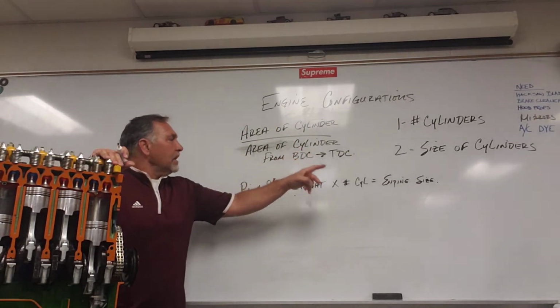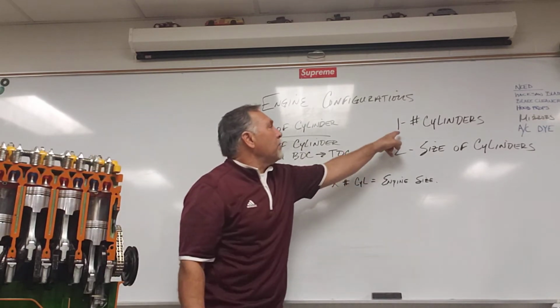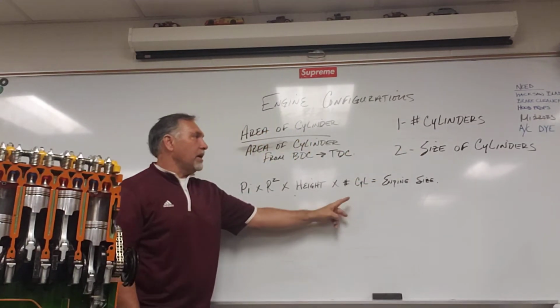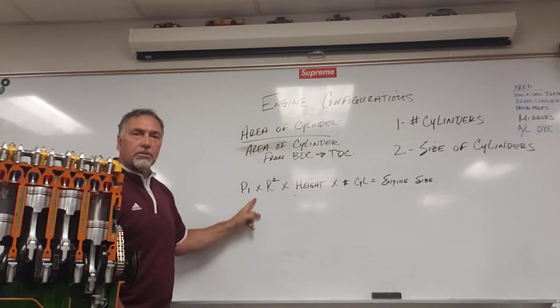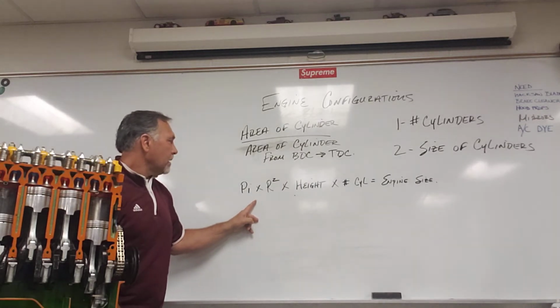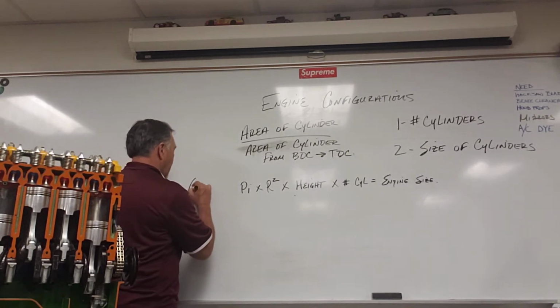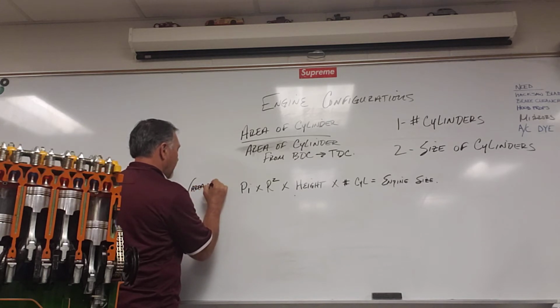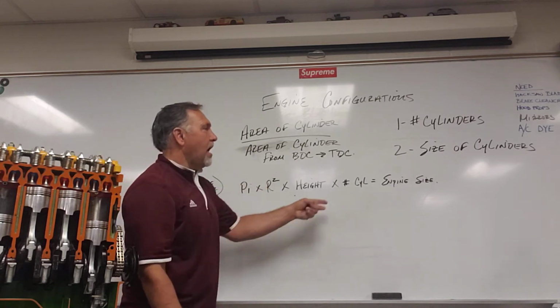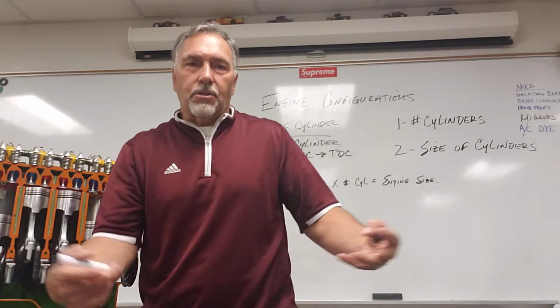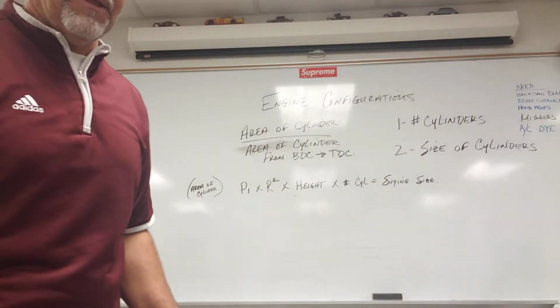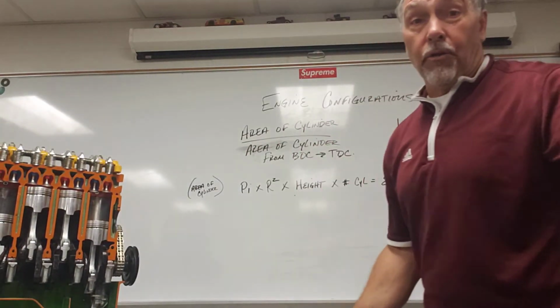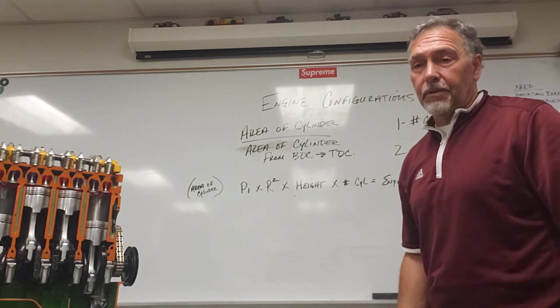Since the number of cylinders and the area of the cylinder are both in the equation, the larger the area, obviously, the bigger the engine size. That's how engine sizes are determined.